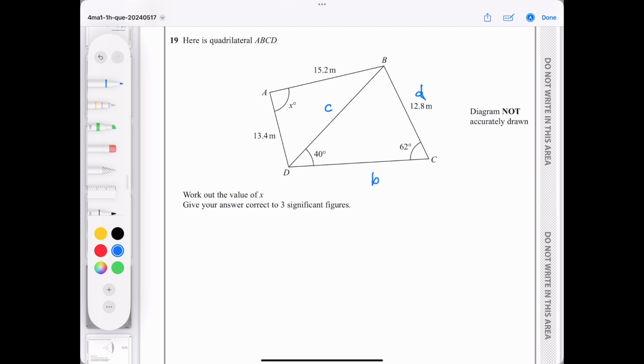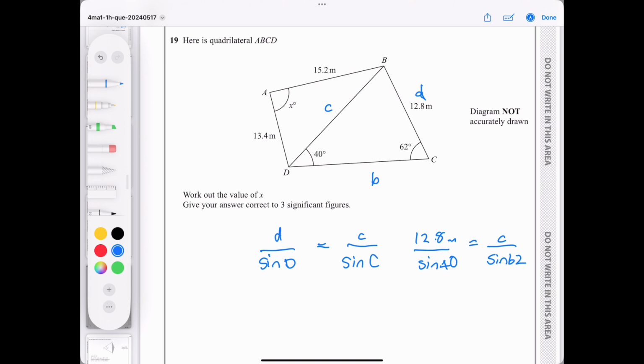And we know, using something called the sine rule, that d over sine of D equals little c over sine of big C. So therefore we just fill in the blanks, and we get little d is 12.8 meters over sine of 40, and that equals little c, which we don't know, over sine of 62.